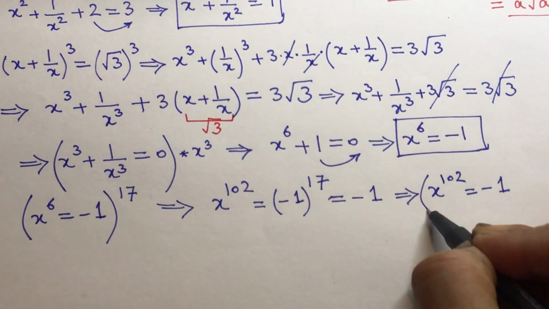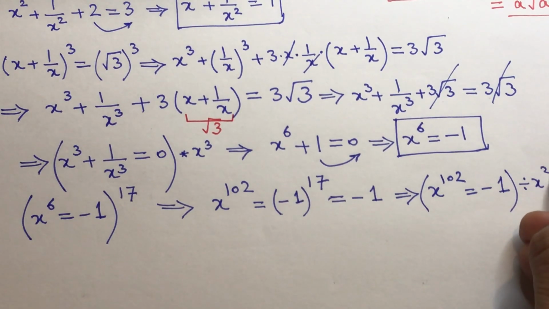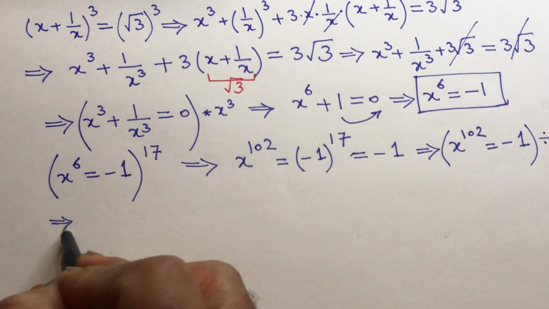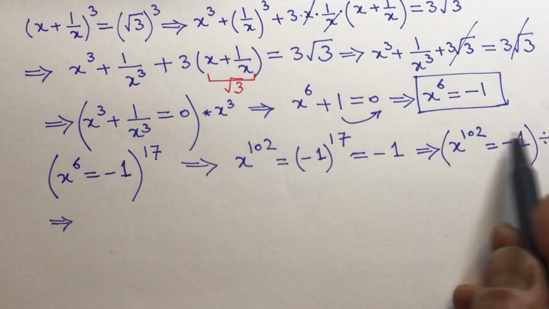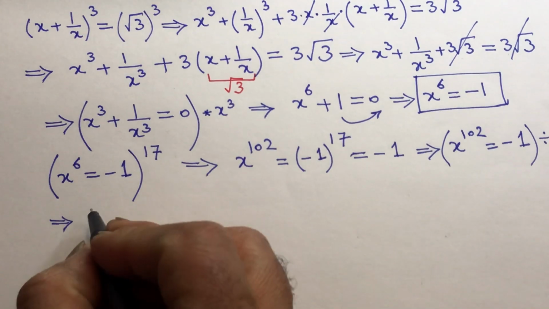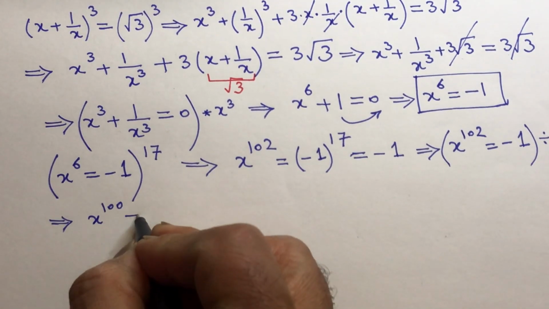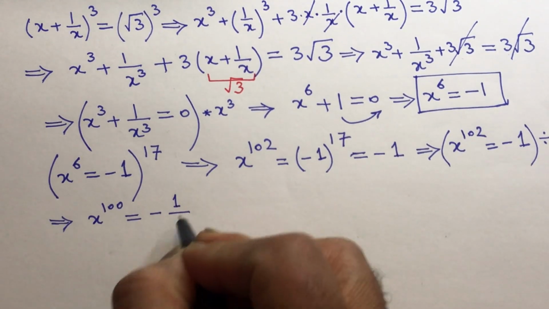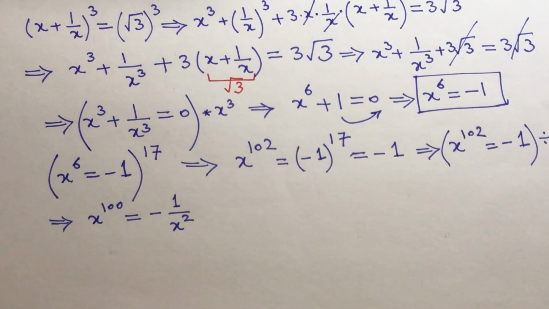If I divide both sides by x squared, then from the left side, x to the 102 over x to the power of 2 is x to the 100 exactly, and for the right side I have minus 1 over x to the power of 2.